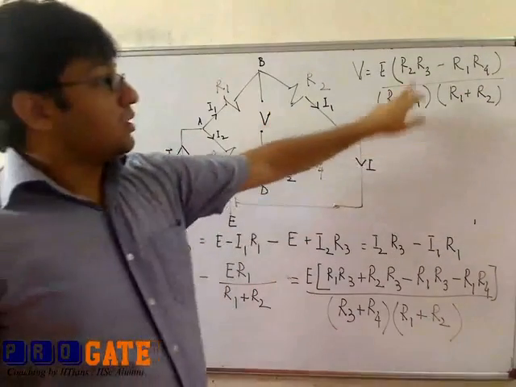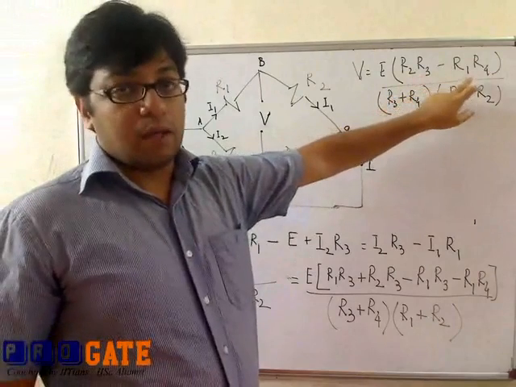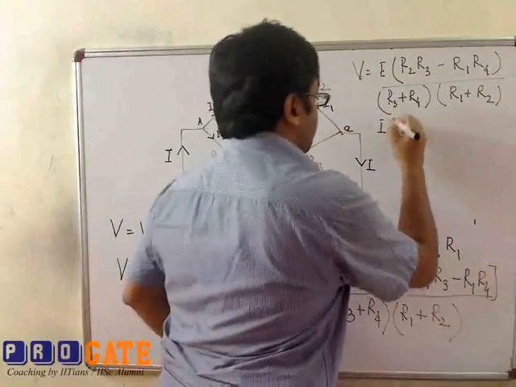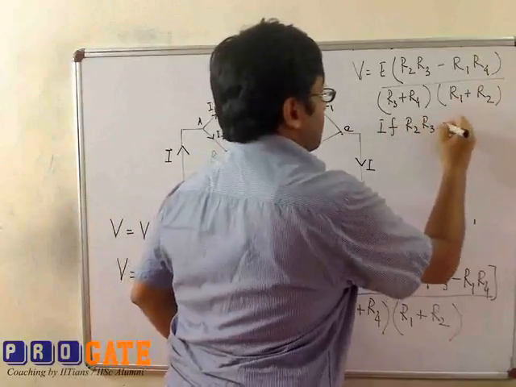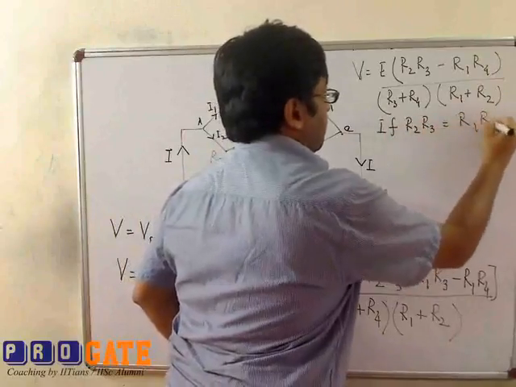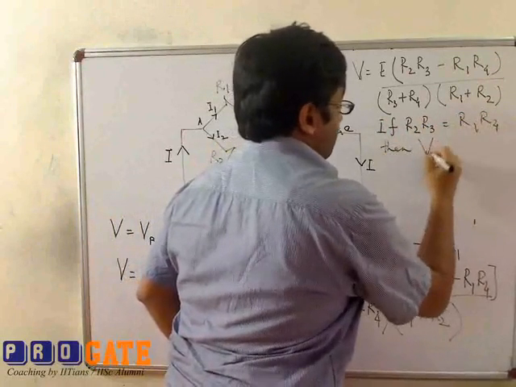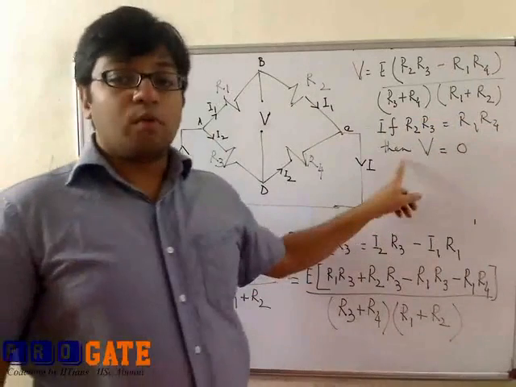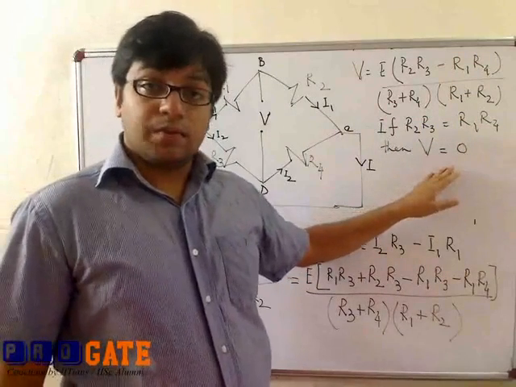Now suppose that R2 into R3 is equal to R1 into R4. Then what do we get? Then the output voltage V is equal to 0, which is a very interesting result.